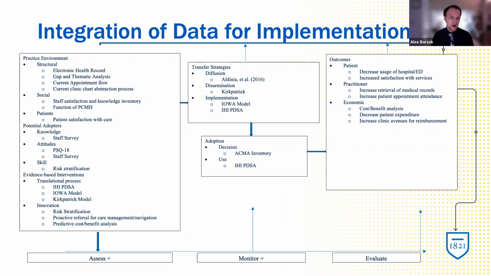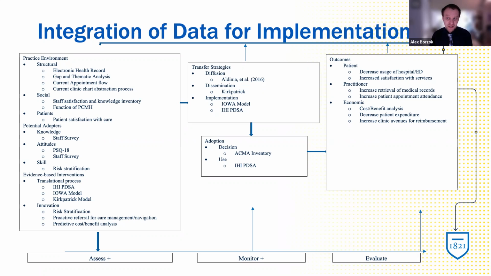Social aspects, staff satisfaction and present knowledge of the transitions of care program, and also just the overall function of the patient-centered medical home. Additionally, patient satisfaction with present care is important, because if the patients don't see the value of the transitions of care program, this isn't going to increase compliance.